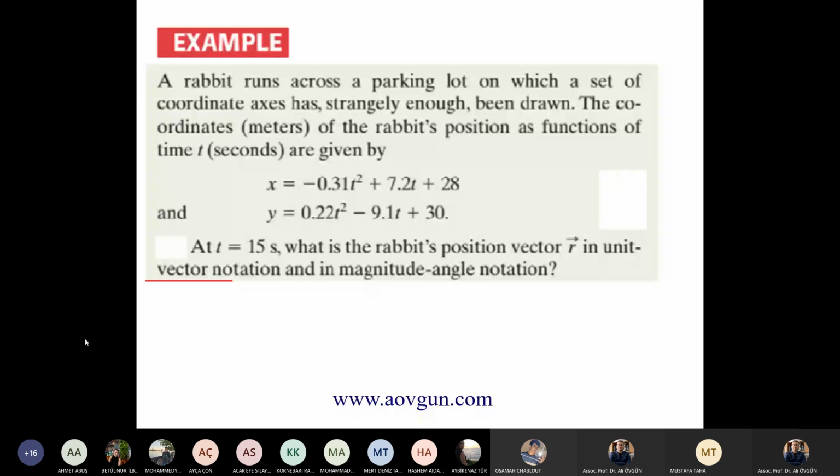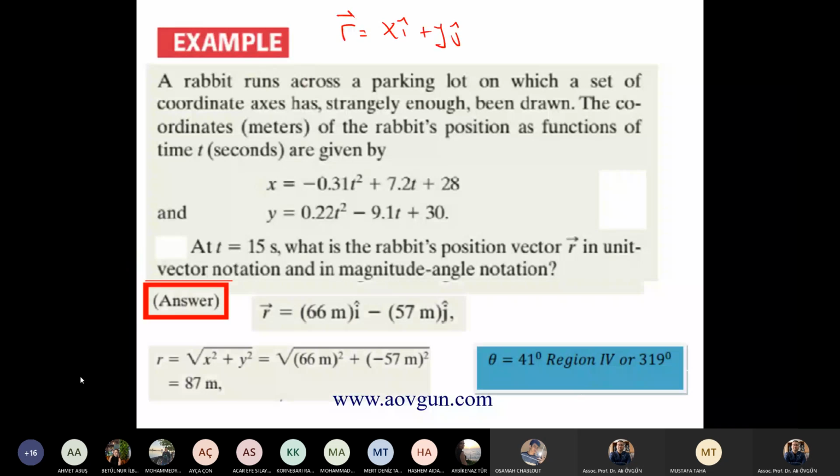Okay, so let's do it. First of all, you must write this vector in unit vector notation. So R vector is equal to x I hat plus y j hat. Okay, this is the unit vector notation.